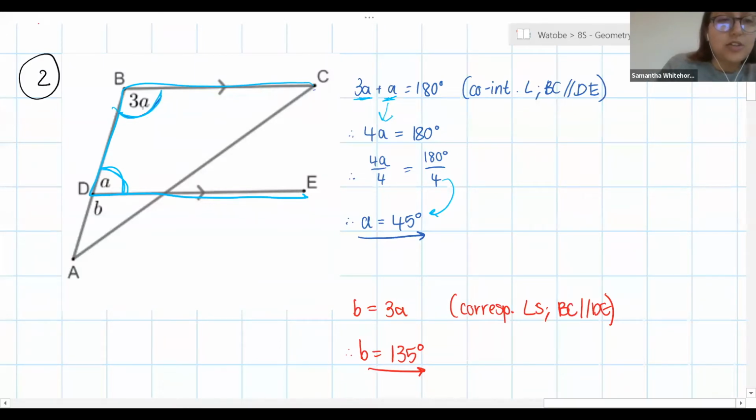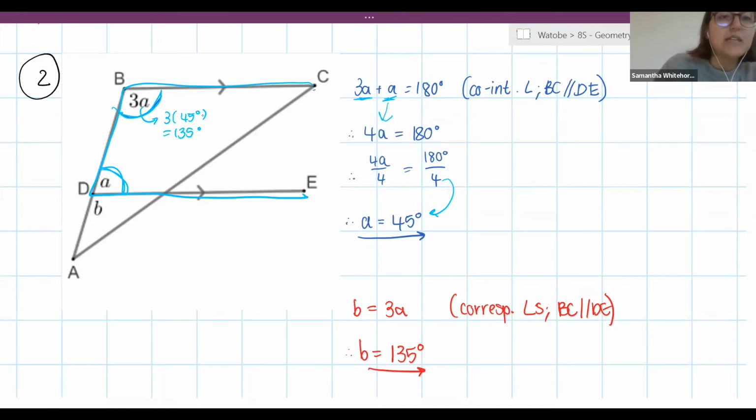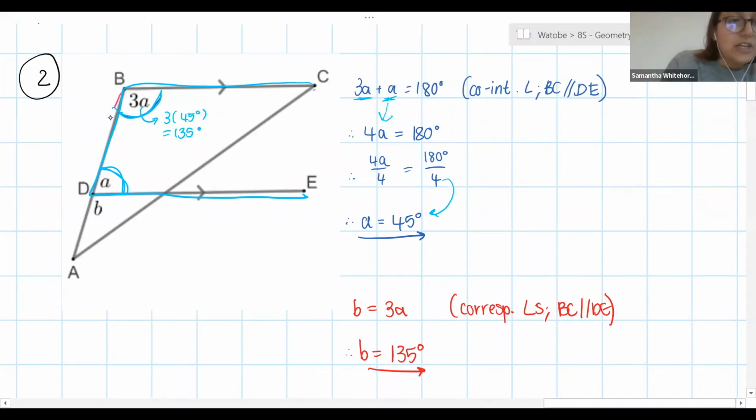So this 3A is 3 times 45 degrees, which gives us 135. And then what Emmanuel said was the other shape I have going on here is the F shape, the corresponding angle shape, which means that B and 3A are equal in size. So that is why we got that B is equal to 135.